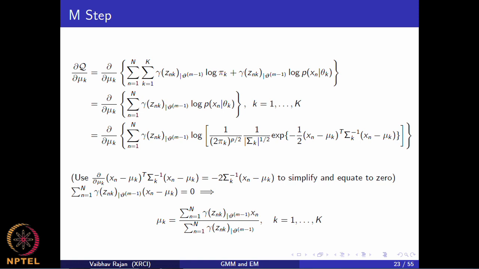You will see that you again get back mu k, the same form that we saw earlier for our ad hoc iterative algorithm, except that these responsibilities are with respect to the previously guessed parameters.